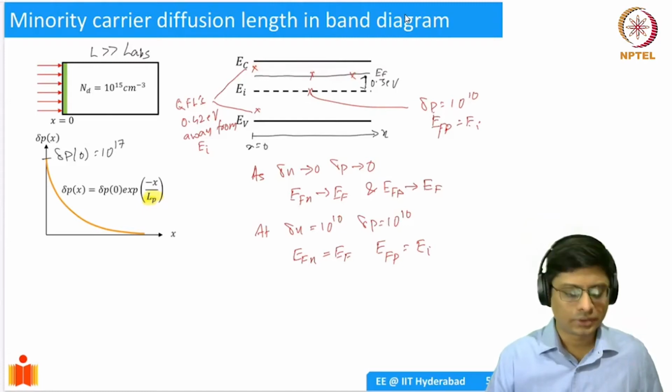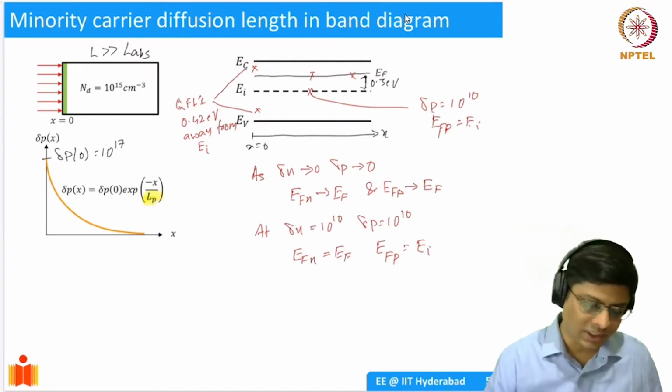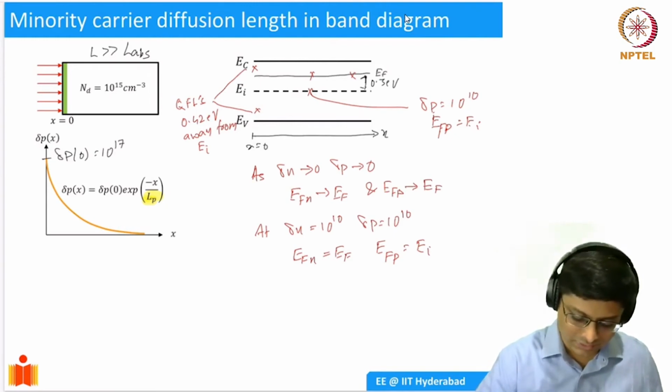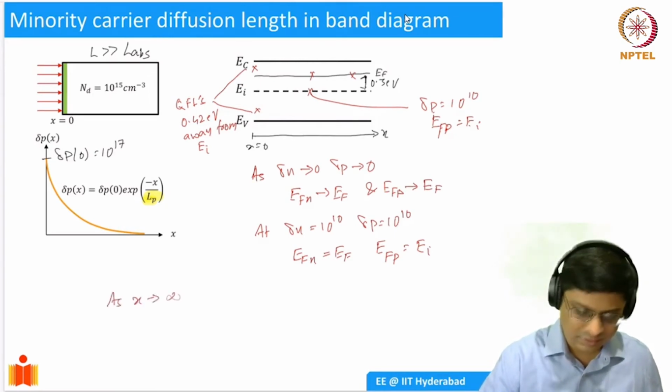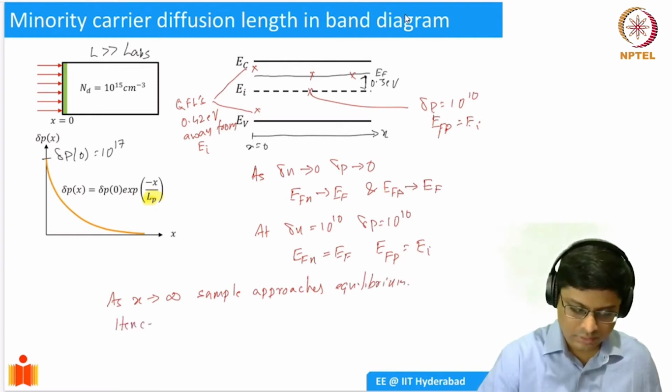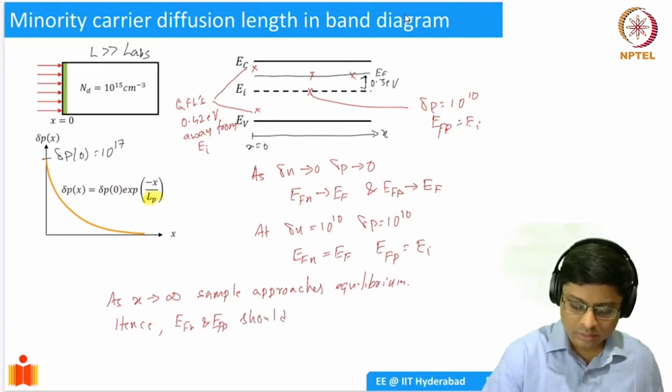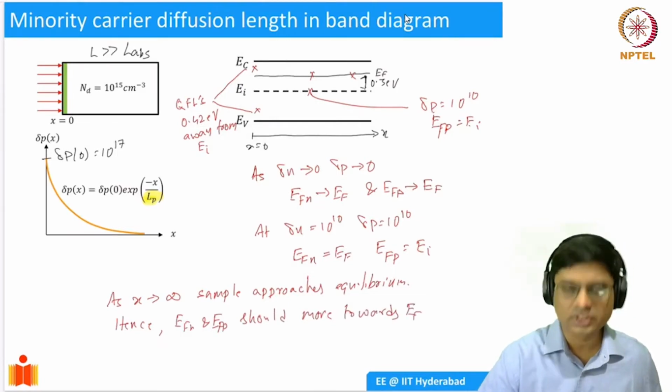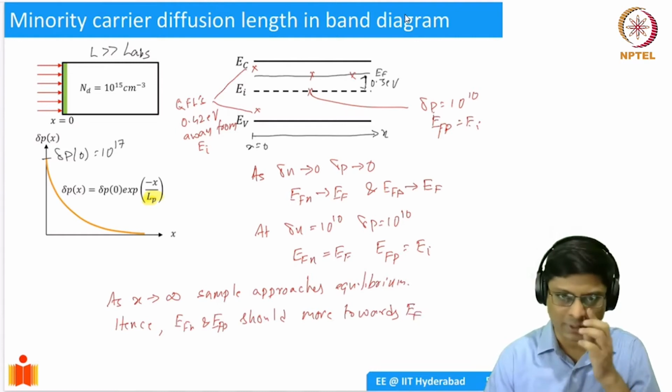So this is a conclusion, a qualitative analysis, which tells us that as x tends to infinity, the sample approaches equilibrium. Hence, EFN and EFP should move towards EF. This is the conclusion that we have made from the analysis here.